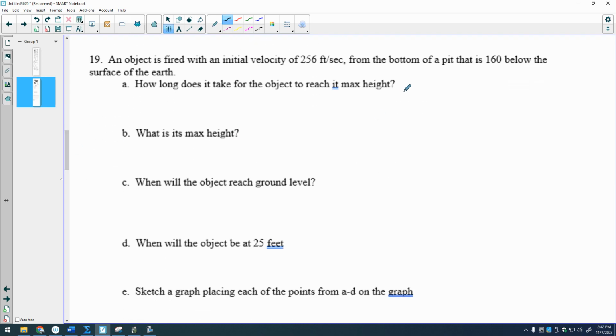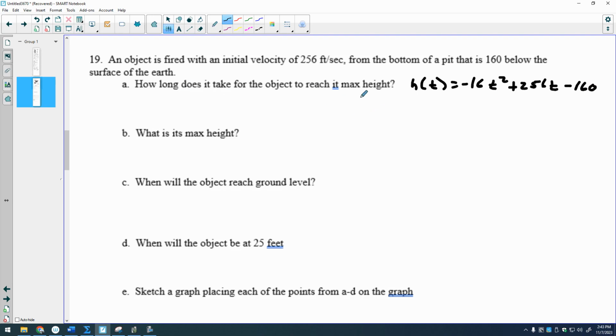Question 19. Using the same equation we've been using, h of t equals negative 16t squared, initial velocity 256, from a pit that is 160 feet below the surface. So we're going minus 160.